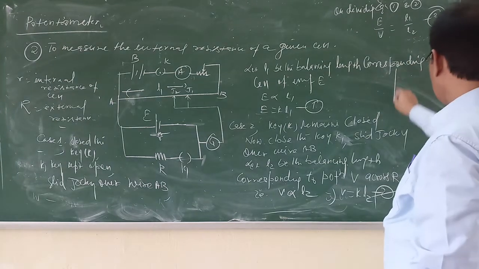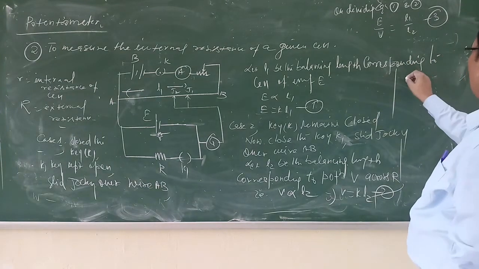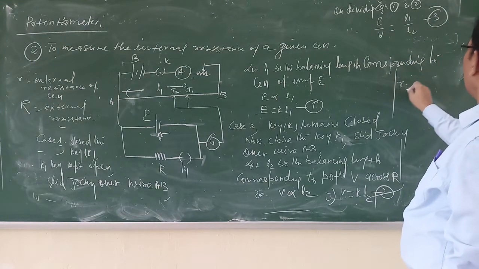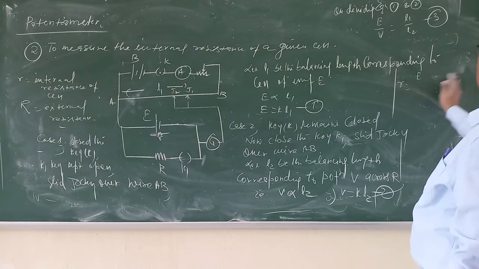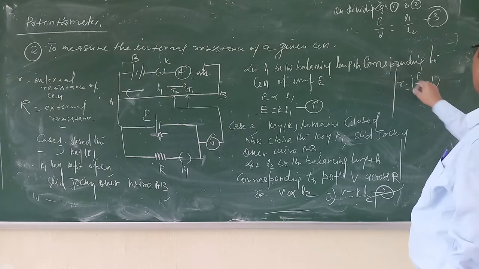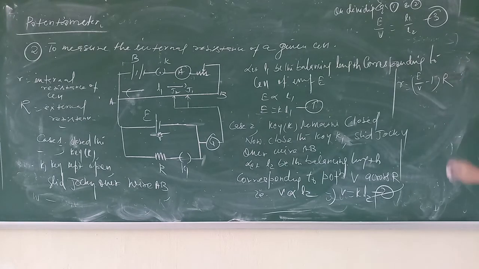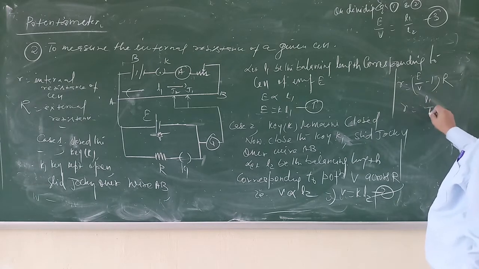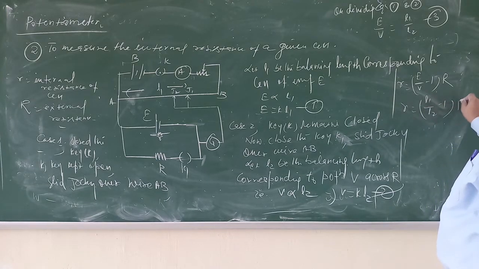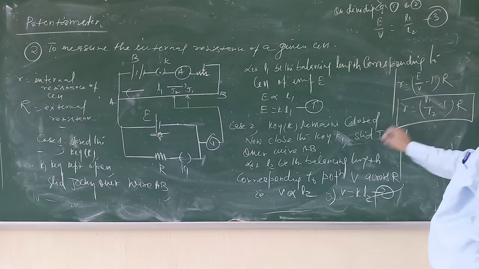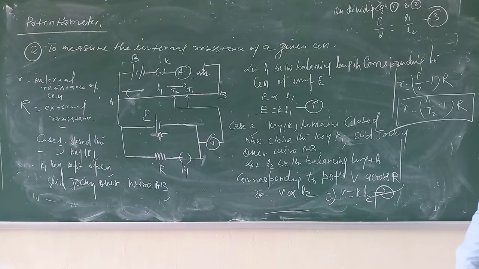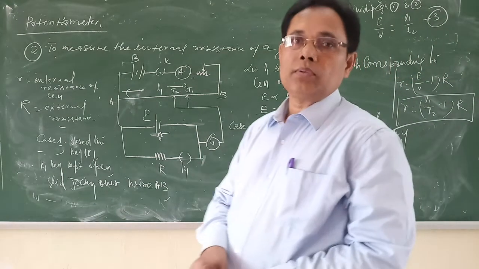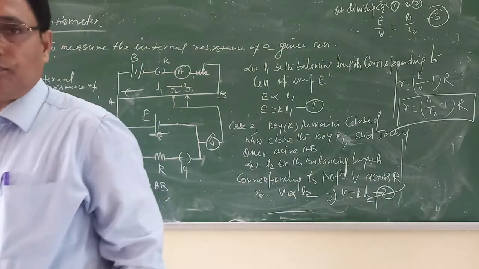And for internal resistance there is a formula: r equal to (E by V minus 1) into R. So put the value of E by V: r equal to (L1 by L2 minus 1) into R. This is the formula for finding the internal resistance of the cell.